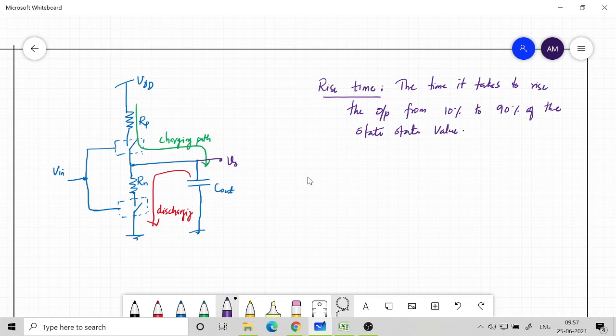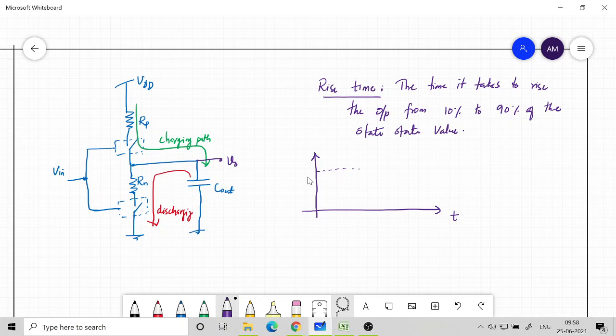So let us denote these 2 points. What we can do is draw the waveform and then denote these 2 points. So the output, with respect to time. Here we are looking at the dynamic characteristics. So this is the charging. From RC transient analysis, you are already familiar with how the waveform looks. It will asymptotically charge up to VDD.